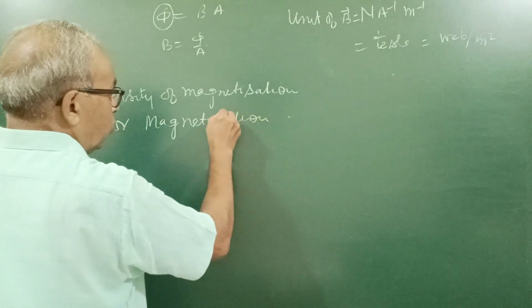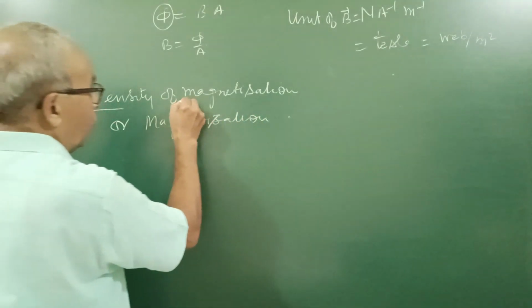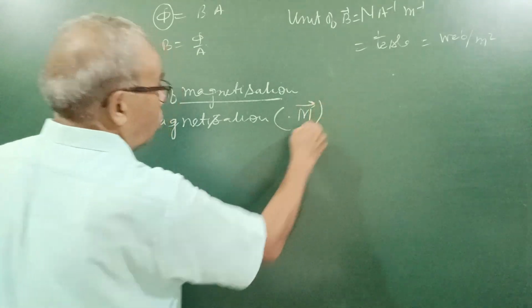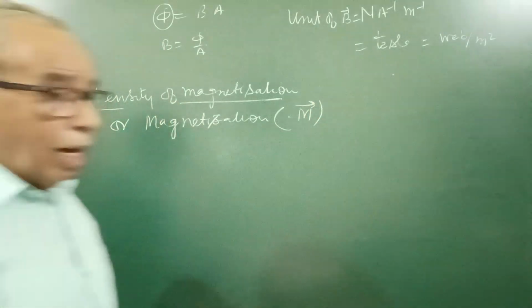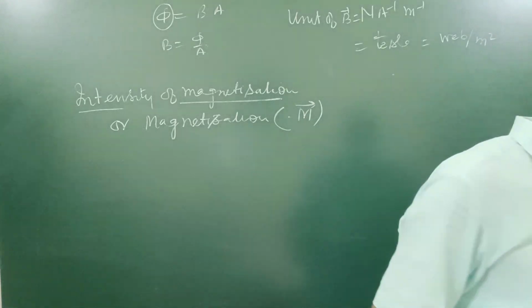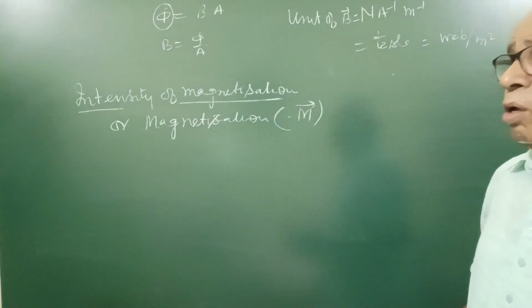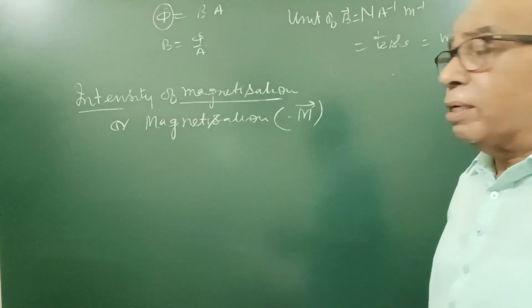People speak both ways. Intensity of magnetization is known as vector capital M. I told you in the last chapter that there is a net dipole moment.